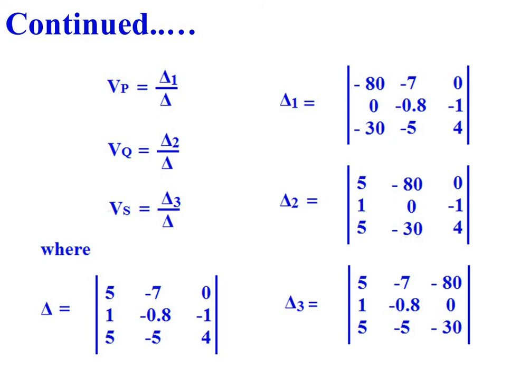Delta 2 is equal to determinant of 5 minus 80 0, 1 0 minus 1, 5 minus 30 4. And delta 3 is equal to determinant of 5 minus 7 minus 80, 1 minus 0.8 0, 5 minus 5 minus 30.